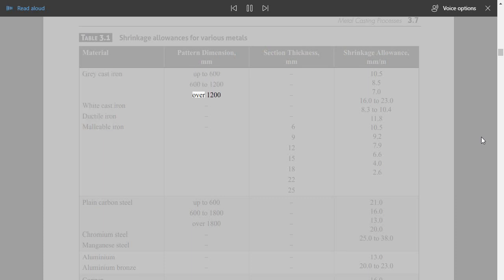Up to 600, 600 to 1200, over 1200. 9, 12, 15, 18, 22, 25. 10.5, 8.5, 7.0, 16.0 to 23.0, 8.3 to 10.4, 11.8, 10.5, 9.2, 7.9, 6.6, 4.0, 2.6. Plain carbon steel, chromium steel, manganese steel. Up to 600, 600 to 1800, over 1800.